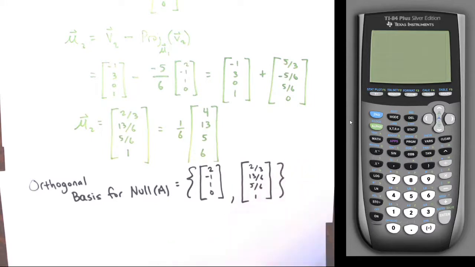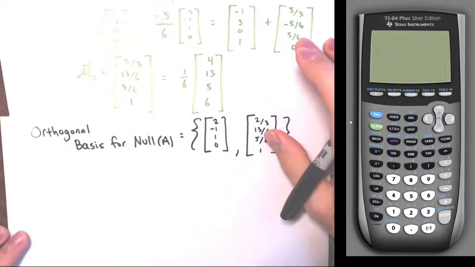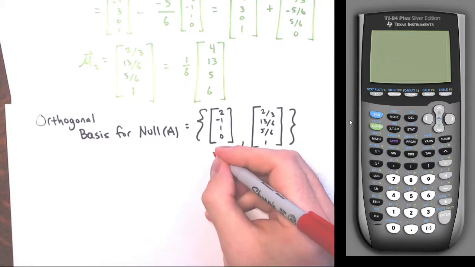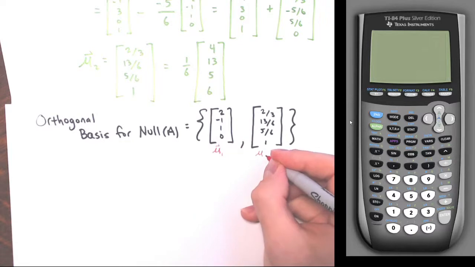Or 1/6 times that if you want. All right. And I'll call these vectors u1 and u2 as I did before. Vector u1, vector u2.